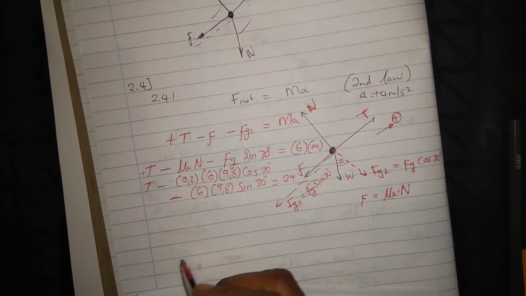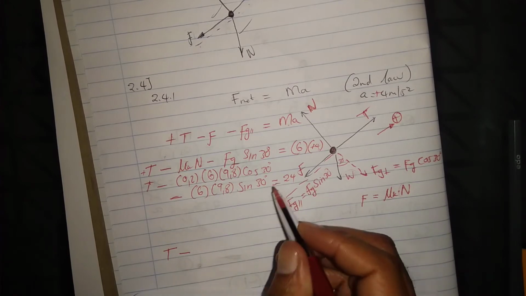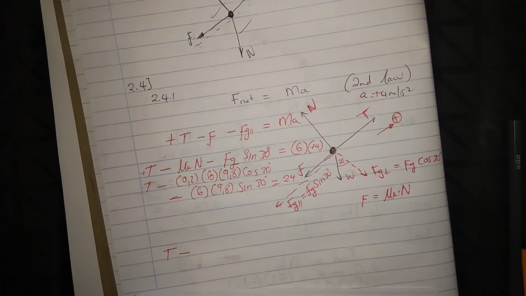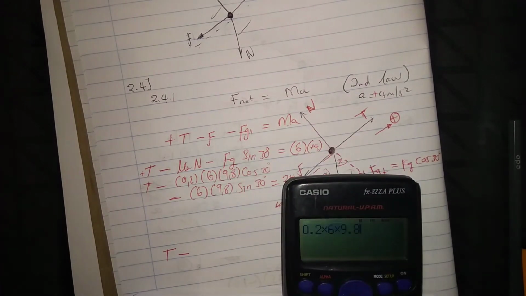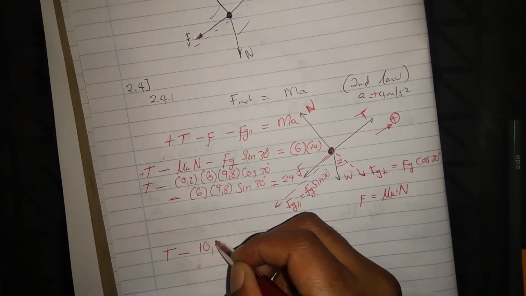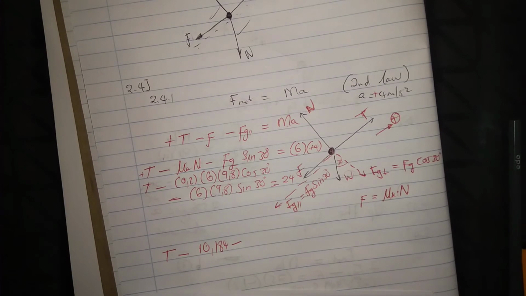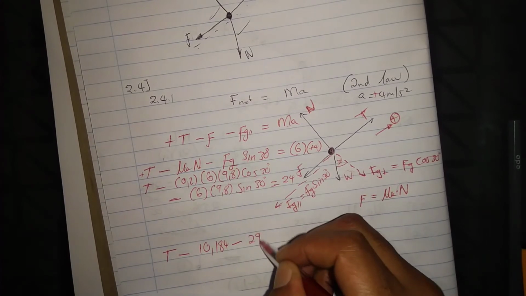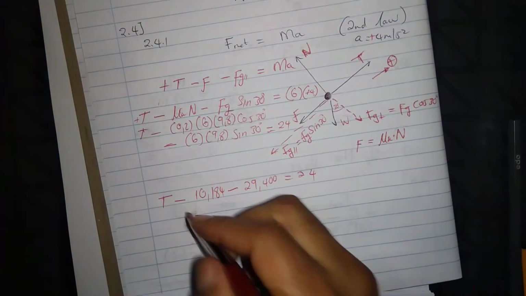So therefore, T minus 0.2 times 6 times 9.8 times cos 30 degrees, to 3 decimal places is 10.184, minus 6 times 9.8 times sine 30 degrees, which is 29.400, is equal to 24.